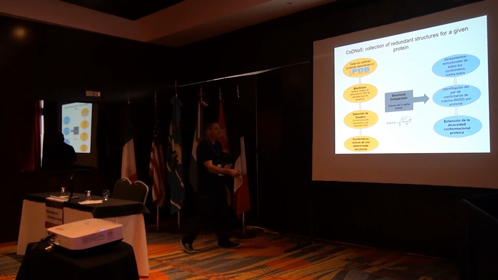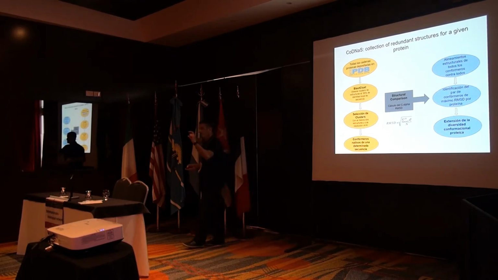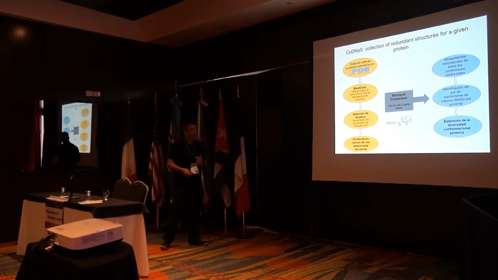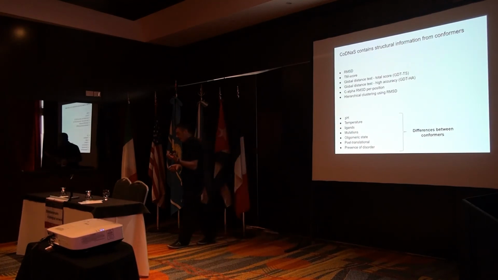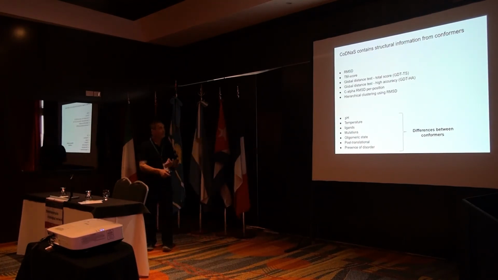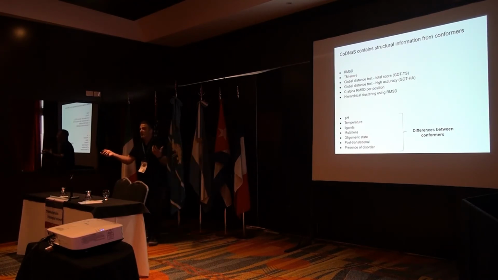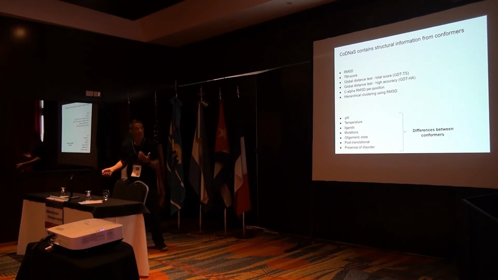The RMSD is simply the root mean square deviation of the distances between the alpha carbons in the backbones of the proteins. Besides that, we also estimate different parameters such as TM-score or GDT. These are different parameters to measure the structural similarity or differences between different structures, in this case, different conformers.